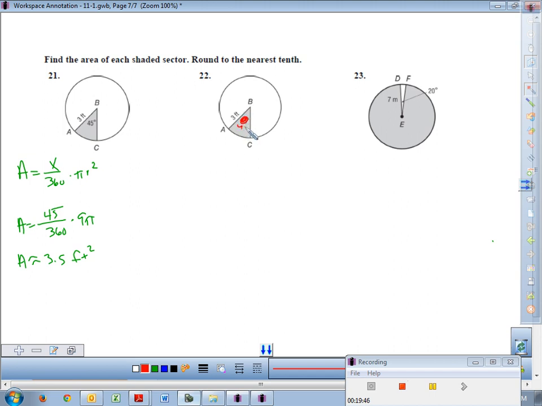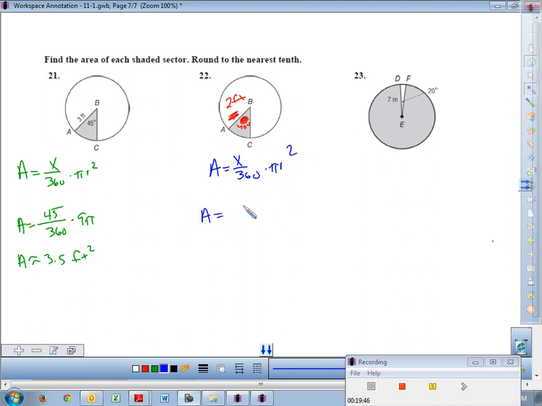So formula, this is the same problem again, so whoops, let's just make something up here. Let's call this 40 degrees, and let's call this a radius of 2 feet, just for fun, since I accidentally put the same problem twice. Area equals x over 360 times pi r squared is our formula.